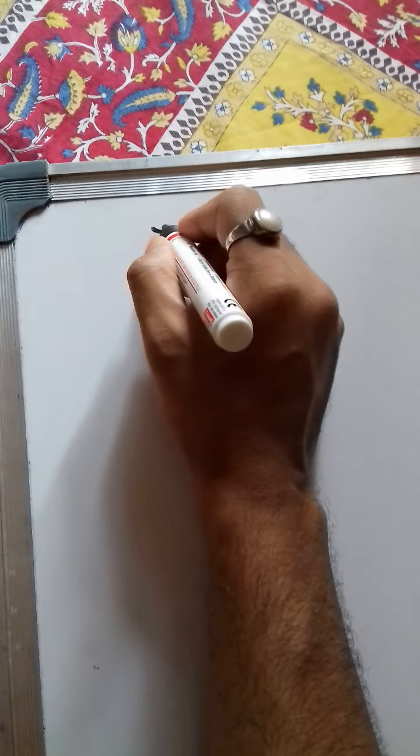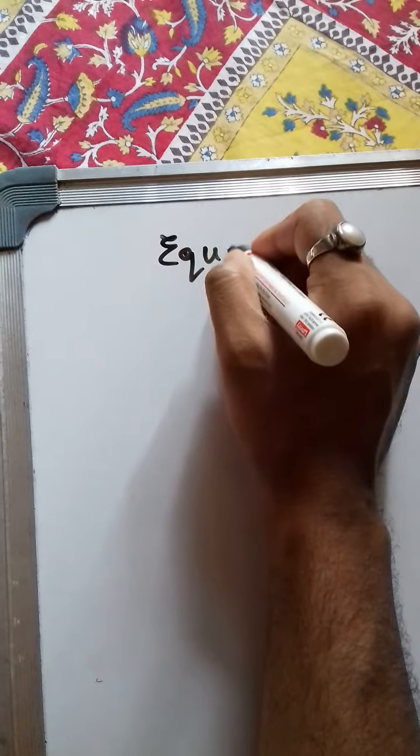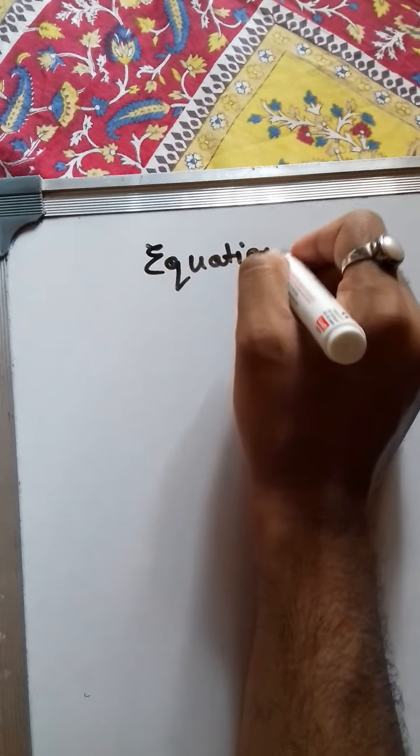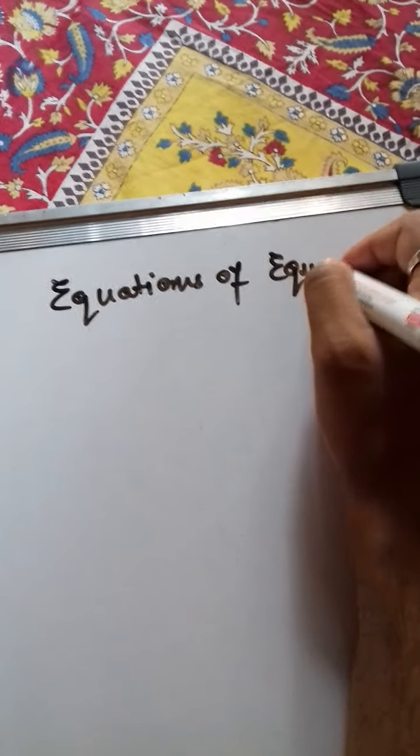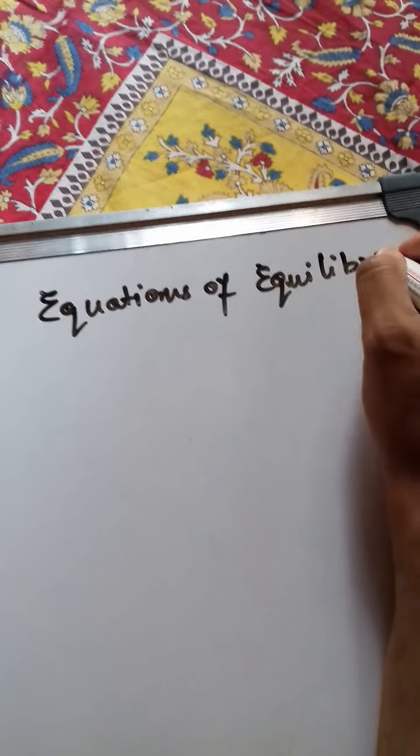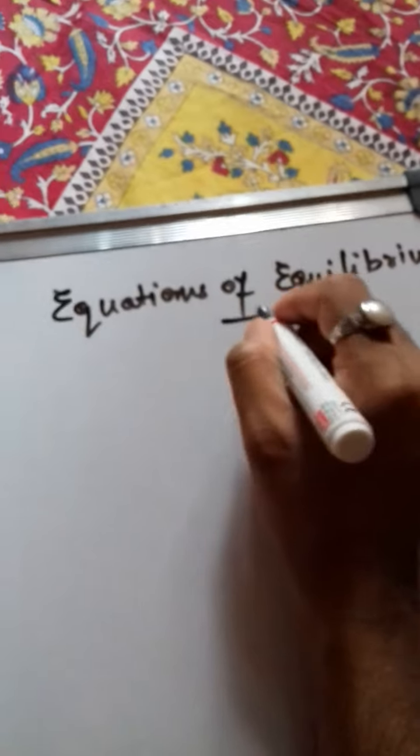Okay, so today we are going to discuss a very important topic. It's a basic topic actually, that is the equations of equilibrium. This is just a review concept so that we can move ahead to more advanced topics.